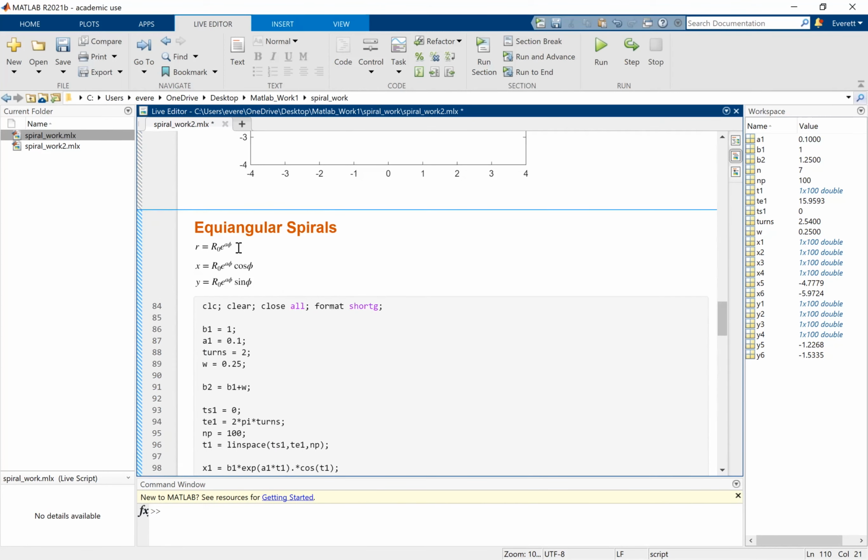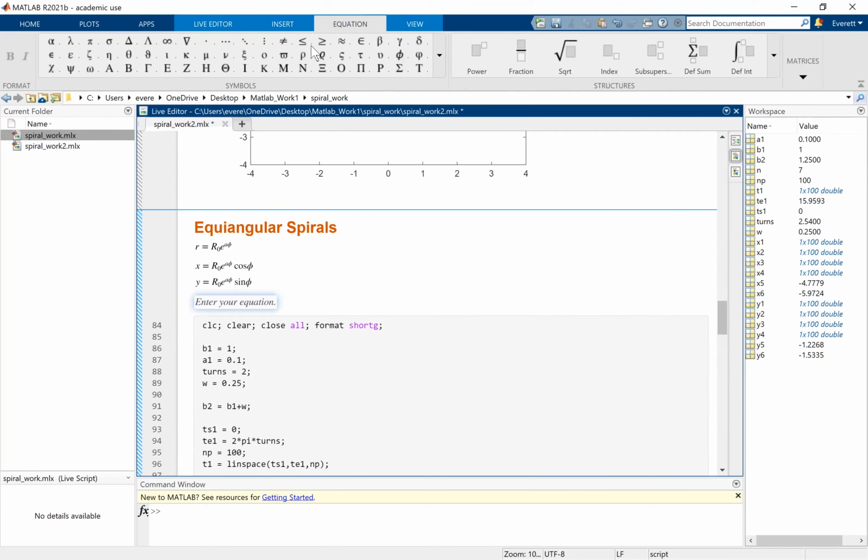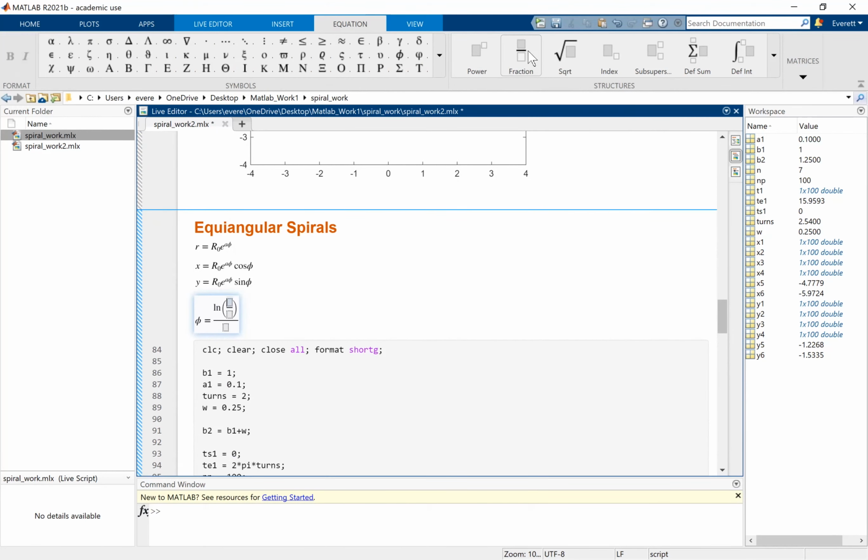Well, if we go back to our equation of an equiangular spiral and solve for phi, we would get that phi equals the natural log of lowercase r over r naught, over a.